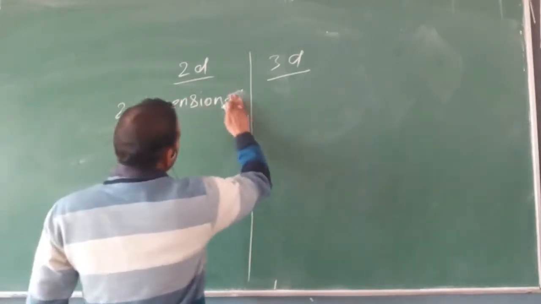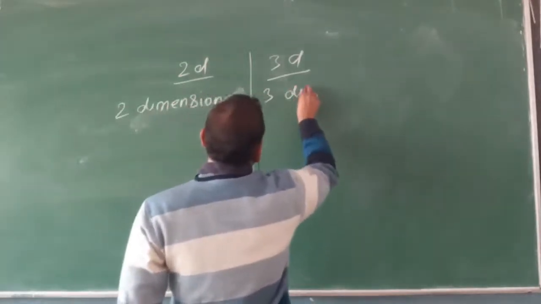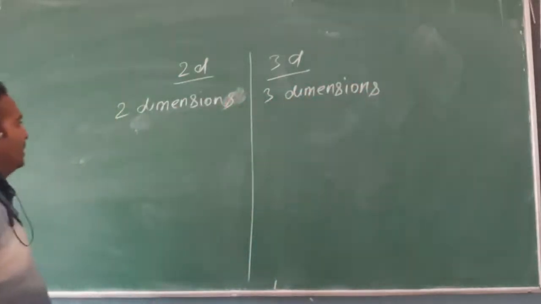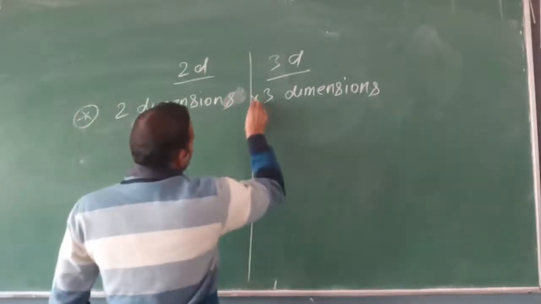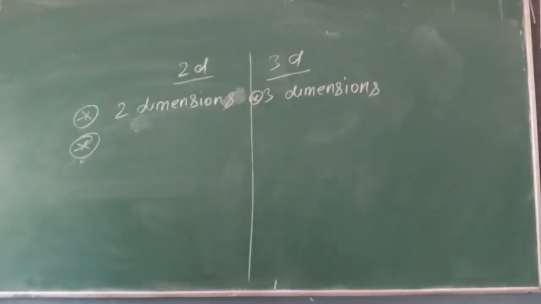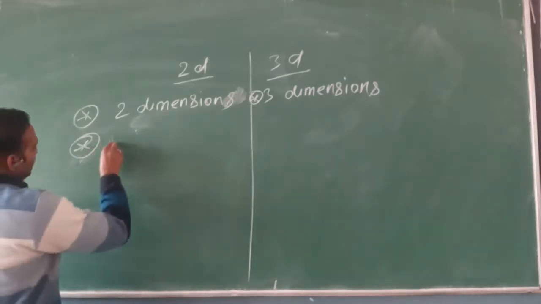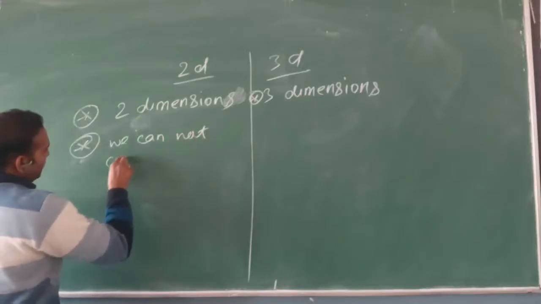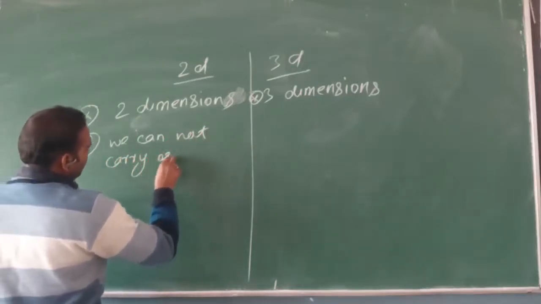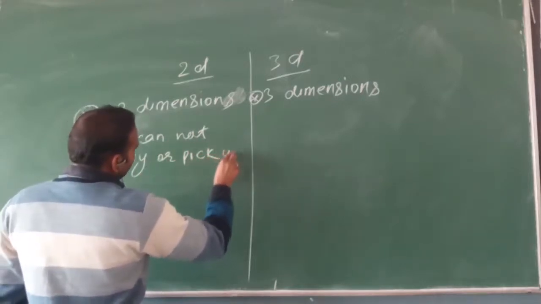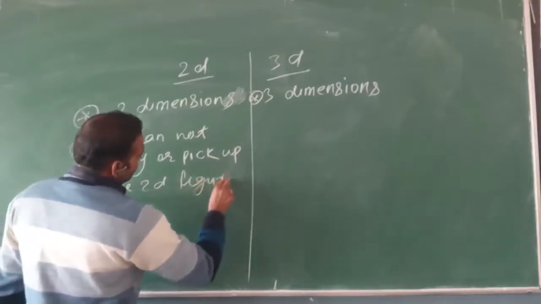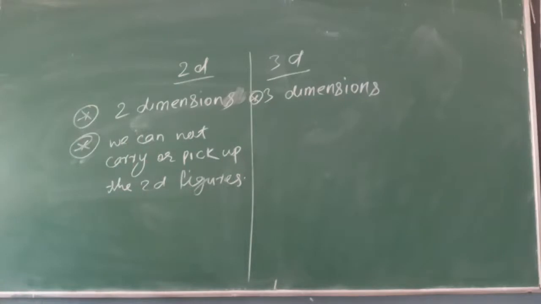2D means 2 dimensional and 3D means 3 dimensional. The next difference is that we cannot carry or pick up 2D figures like rectangle, square or other things.